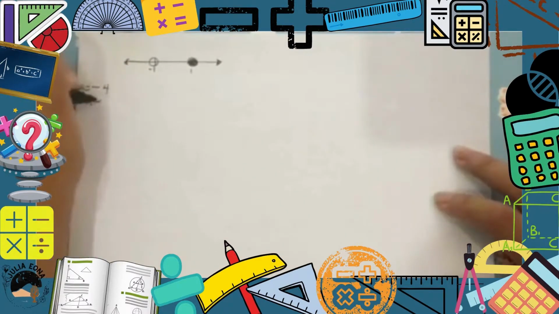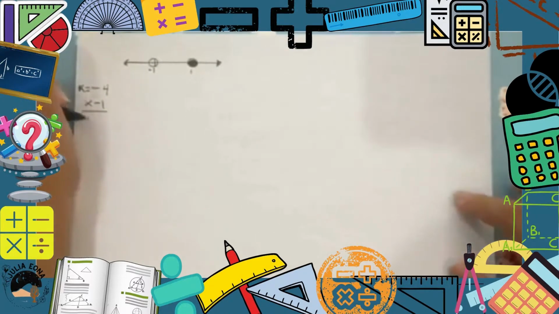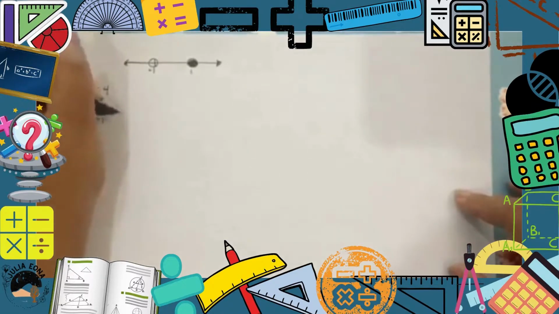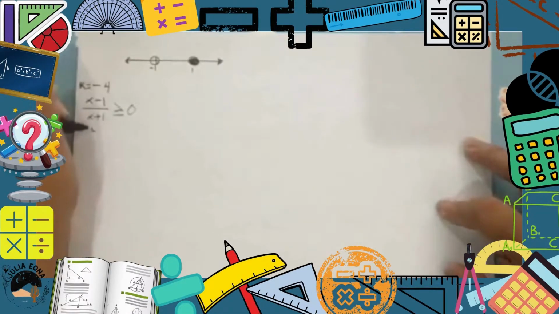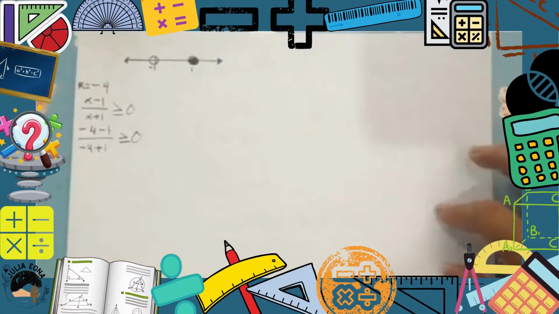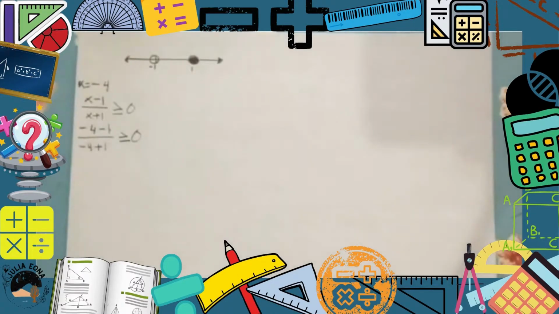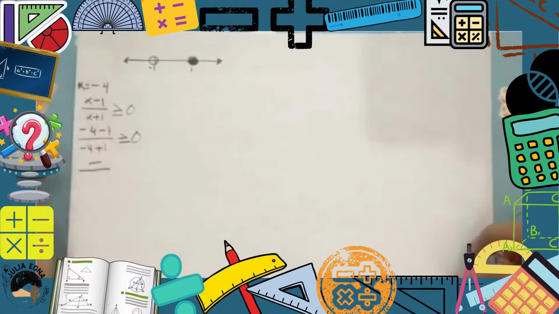So x minus 1 over x plus 1 greater than or equal to 0. So we're going to substitute -4 for all x. -4 minus 1 is negative, and -4 plus 1 is negative.